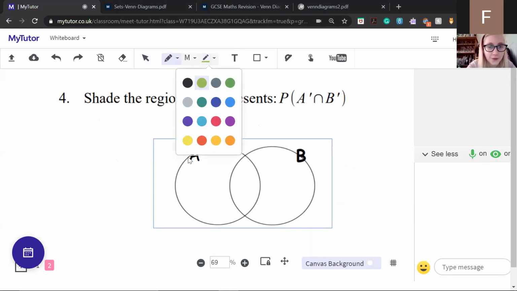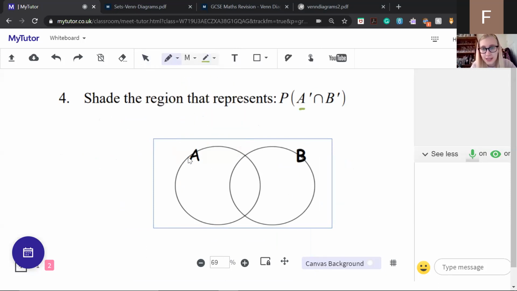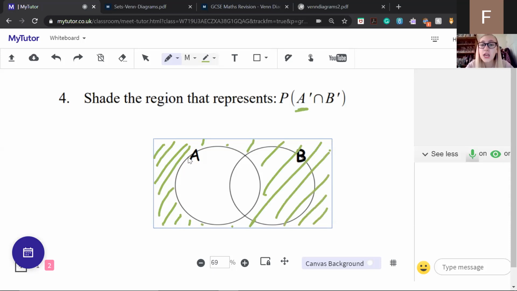So we're going to first of all look at not A. We're just going to look at each little part. So not A, we know is everything that, so A would be everything in the circle, so not A is everything outside the circle, right? So it's this here. So we're going to shade that in one colour.